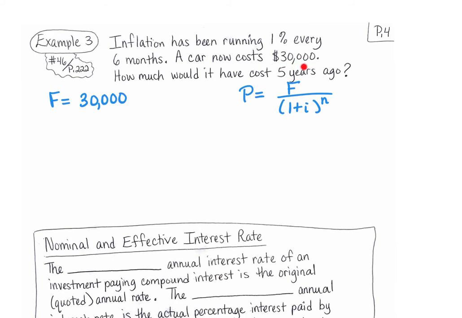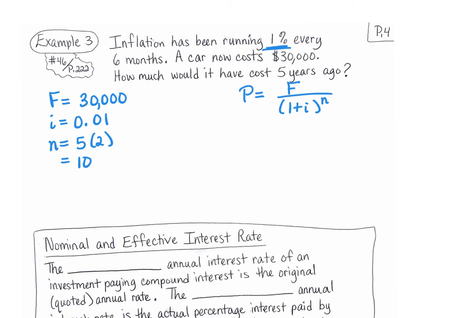And then we have that I is 1%, so I is equal to 0.01. N is the number of compounding periods. We know that it was compounded every 6 months, which means that's twice a year for 5 years. So N would be equal to 5 times 2, which is equal to 10.